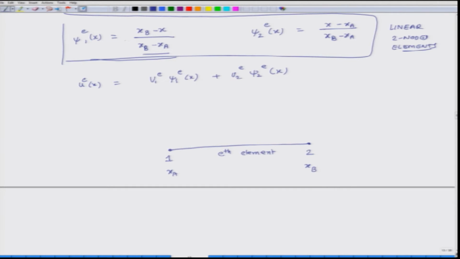If I plot psi 1, what you will see is at x equal to xa, which is the first node, the value of this psi function is 1, and at the second node xb, it becomes 0. When x is equal to xb, psi 1 becomes 0. So, this looks like this, and the height of this function is 1. So, this is my psi 1.